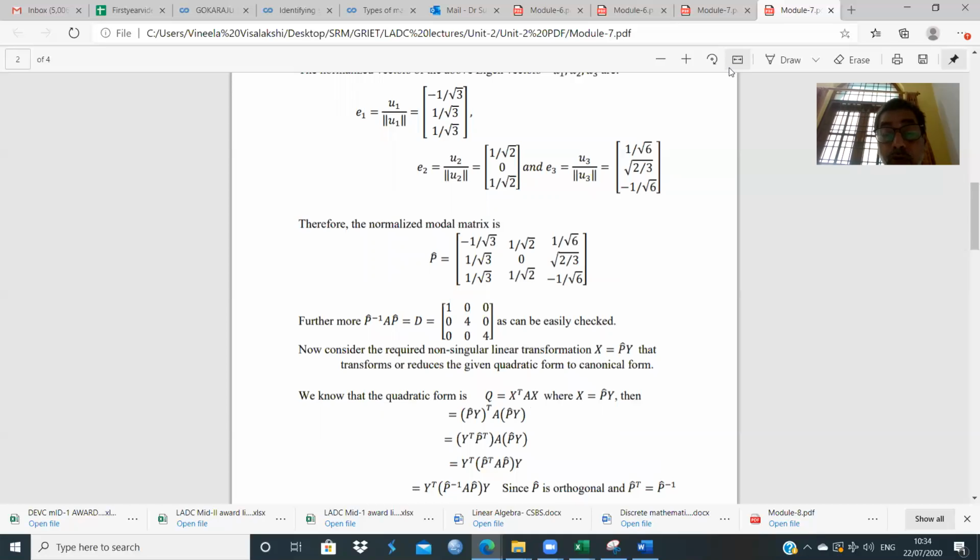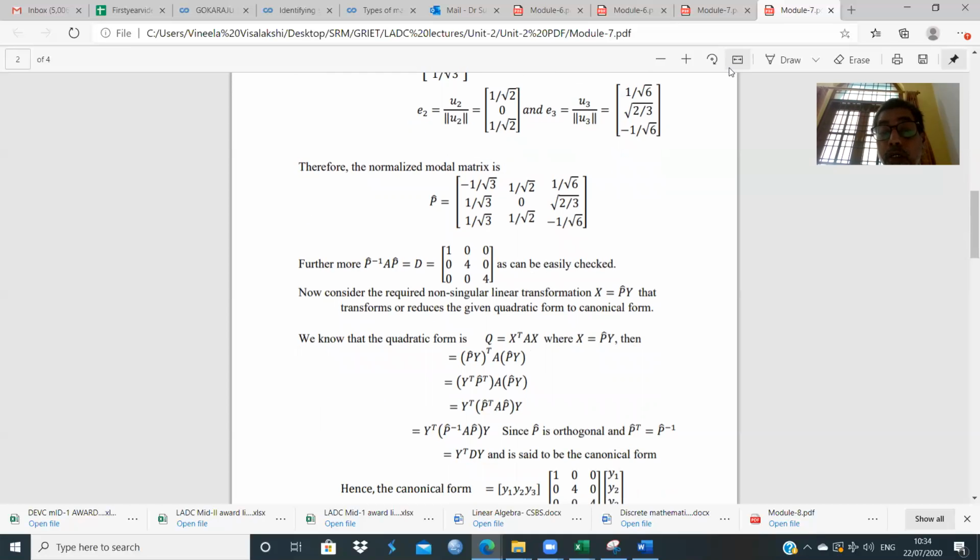Now, if you start with X is equal to Py, and then the quadratic form Q is equal to X transpose AX, so you can insert X is equal to Py, and then X transpose will be Y transpose P inverse or P transpose.